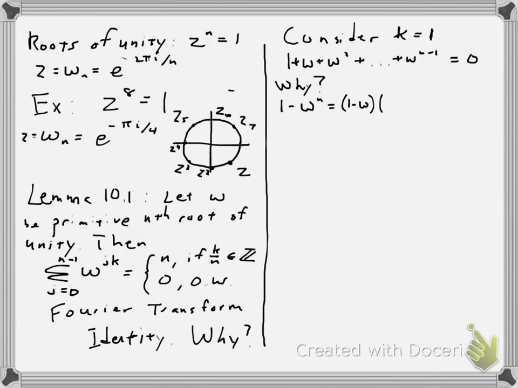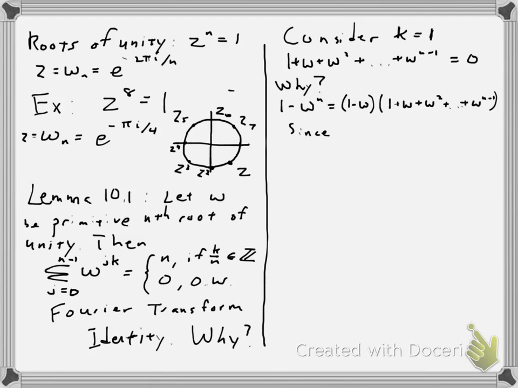It equals 1 plus omega plus omega squared plus dot dot dot plus omega to the n minus 1. This comes from the finite geometric series formula. And what is 1 minus omega to the n?